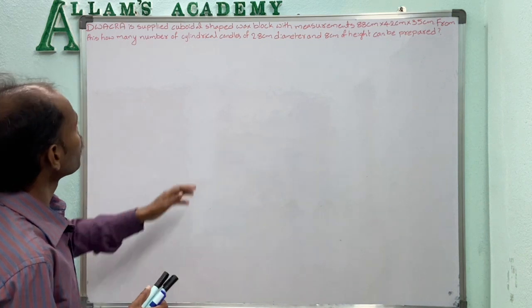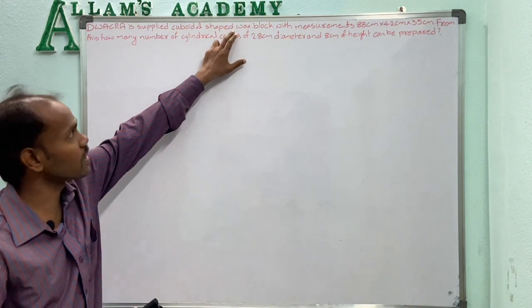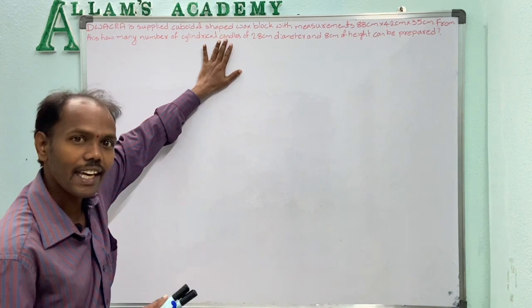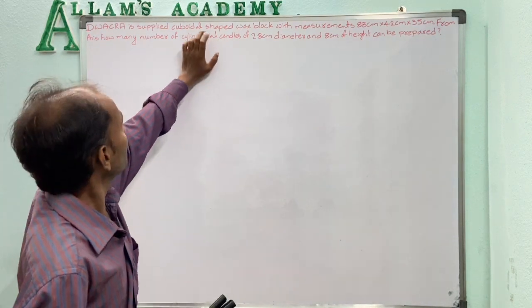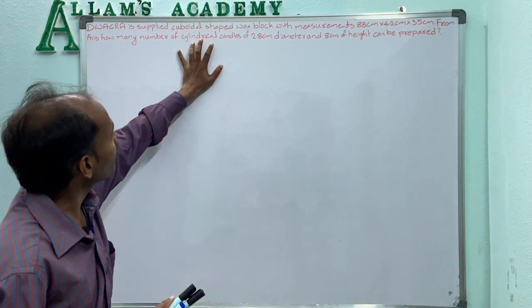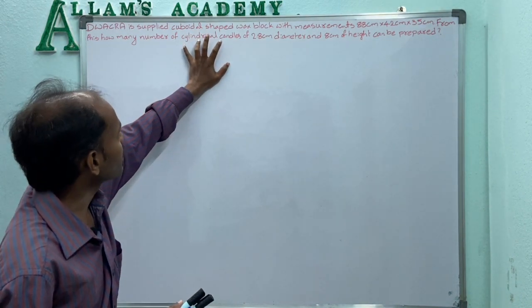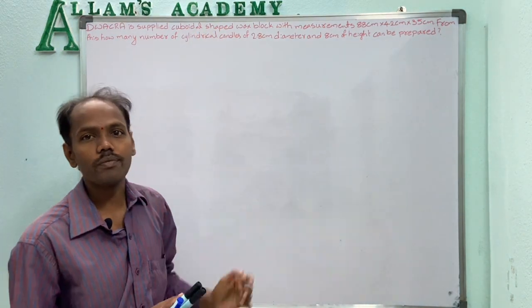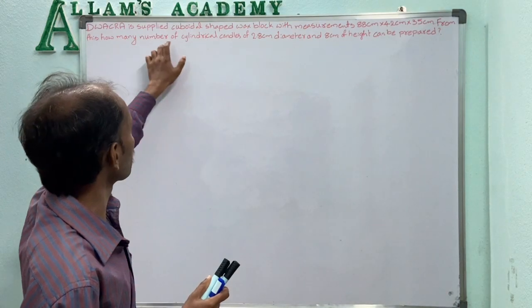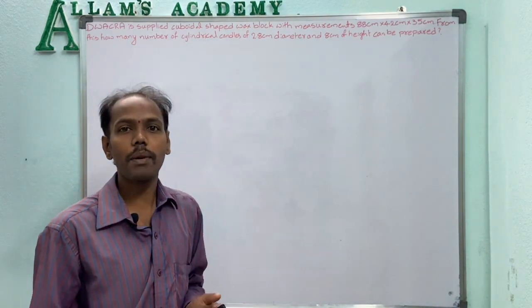So here cuboidal shaped box is recast into cylindrical candle. That means the cuboidal volume is equal to number of candles of cylindrical shape. So now equalize, then we know how many number of cylindrical candles are prepared.